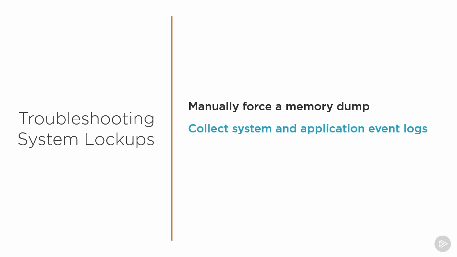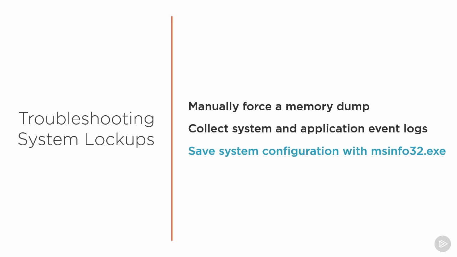You want to get all the information to troubleshoot the issue before maybe the logs get cleared or purged or something to that effect. Finally, you'll want to save the system configuration information with a tool such as MSInfo32. This will capture all the various device drivers and system components so you know what was present on the system at the time of the hang.